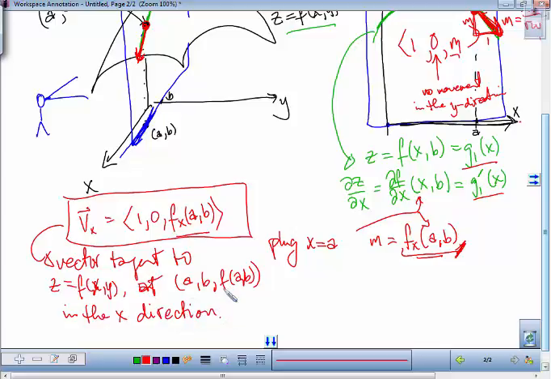So it's not the normal vector yet, but it's one of the vectors that we need. And so we need to get another vector on the tangent plane so that we can cross them and get the normal vector.